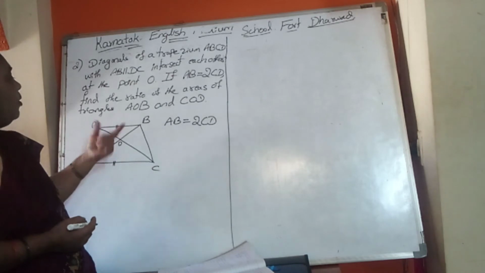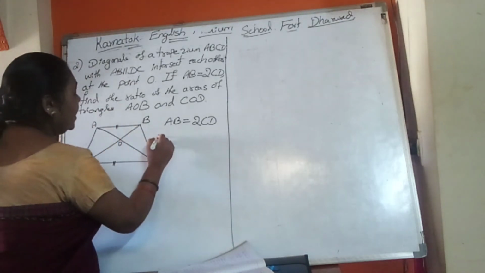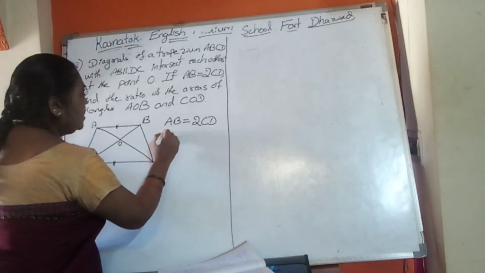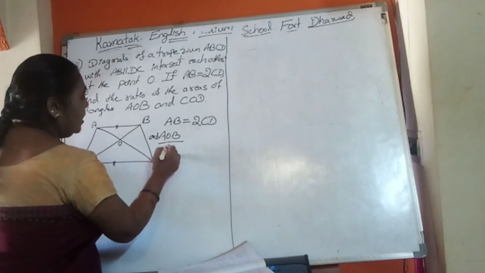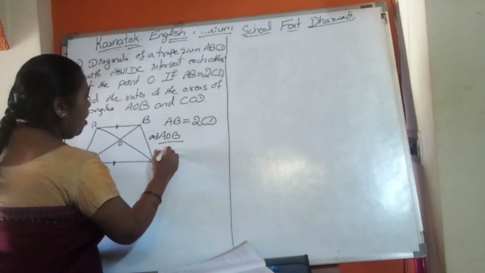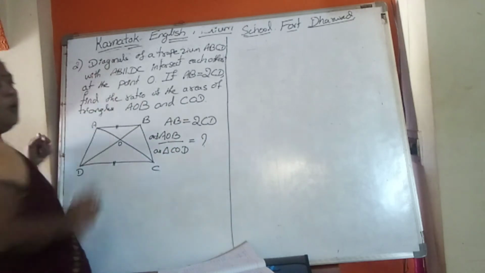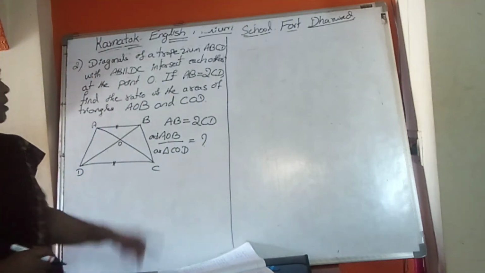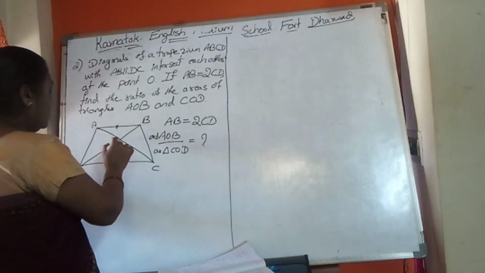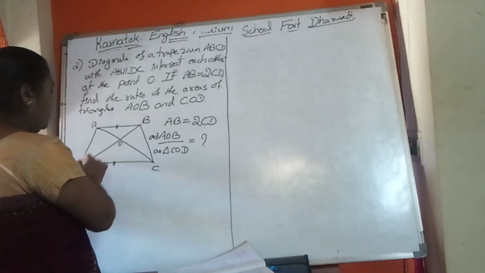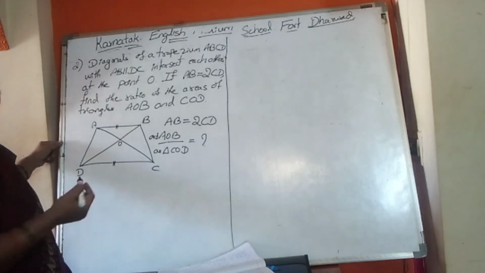So you have to find the ratio of the area of triangle AOB to the area of triangle COD. You must find the ratio of the areas of these triangles.